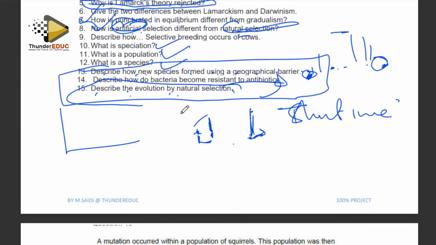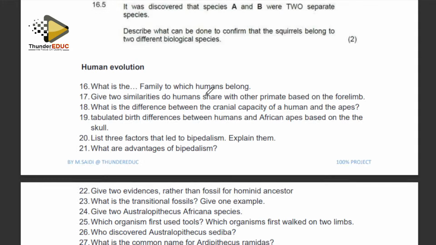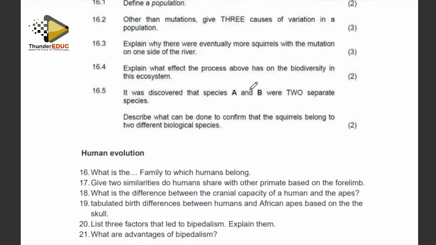So you explain this in terms of natural selection. When they ask which principle is explained, don't say principle of Darwinism. We say principle of natural selection, not Darwinism. All right, I thought I was done with this question.